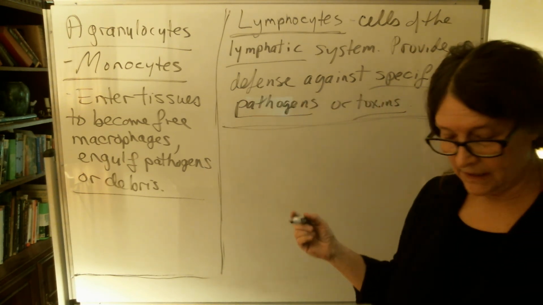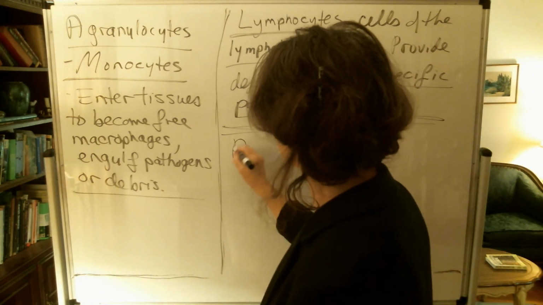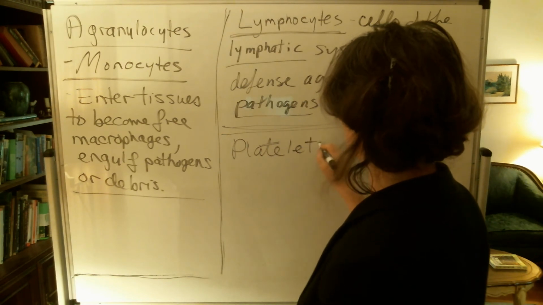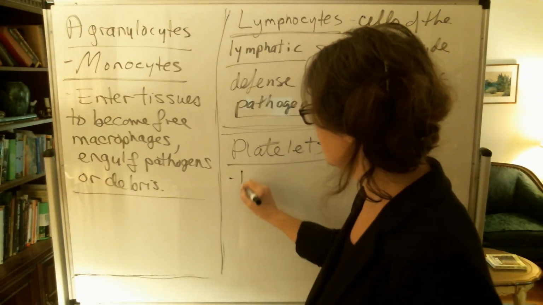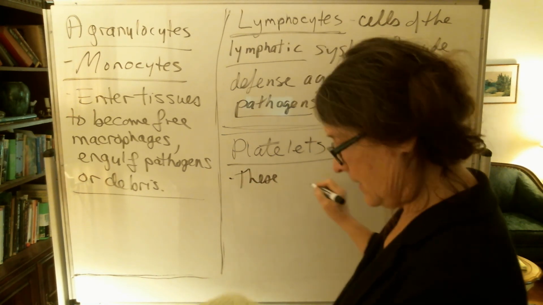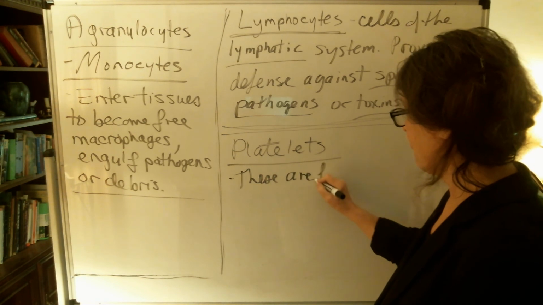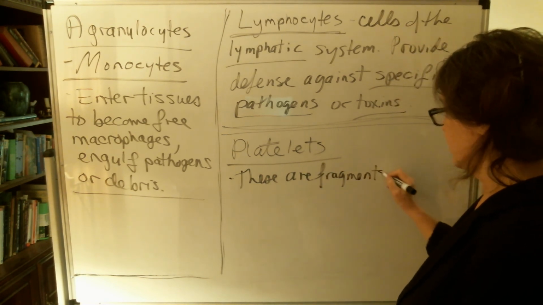Those are your white blood cells. We're still talking about blood cells in general. So I am also going to talk about platelets. So these then are fragments. They're not even complete cells, really.